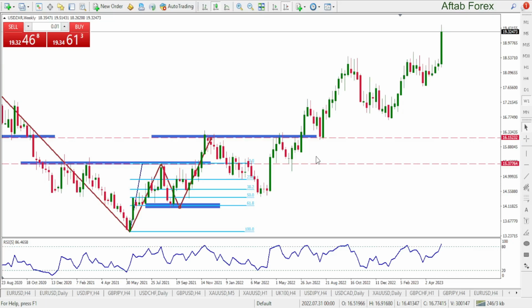Support and resistance will never tell you 100% of the time which way the market is going, but stay with me, there are certain tools which if you apply, like the Fibonacci, the ABCD pattern, along with the RSI divergence, it helps. In one video, I may not be able to cover it, so let's see.